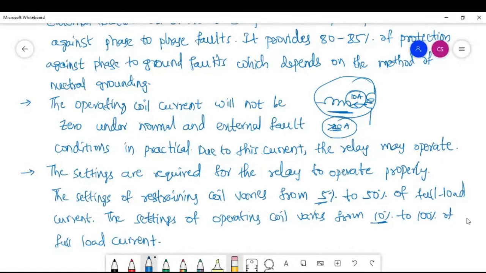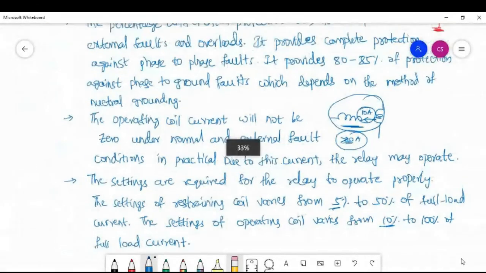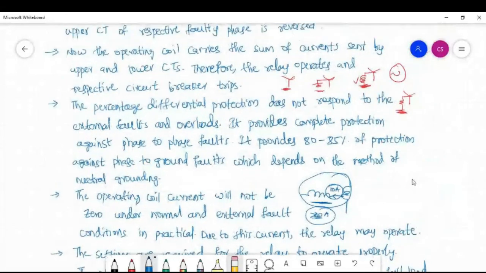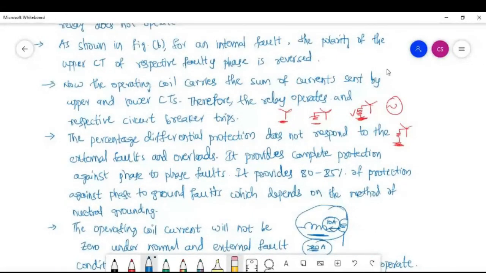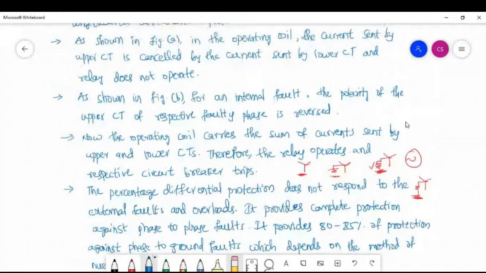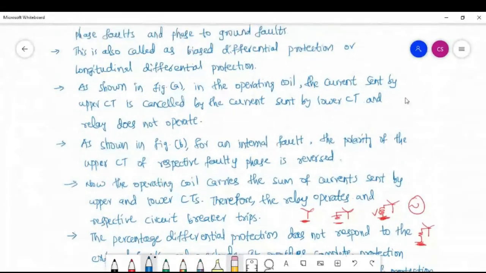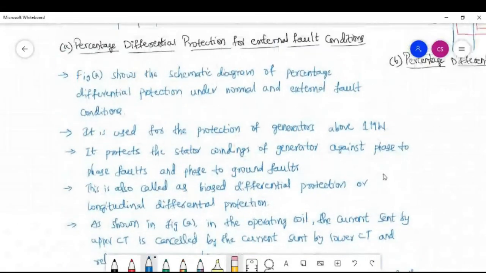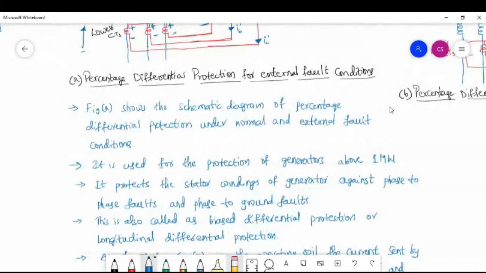So this is about the percentage differential protection. We have drawn two schematic diagrams, under normal or external fault conditions and under internal fault conditions. We took a phase to ground fault as an example, with the polarities reversed with respect to the remote end CT. We have also discussed the operation of these two schematic diagrams as well as the percentage differential protection.